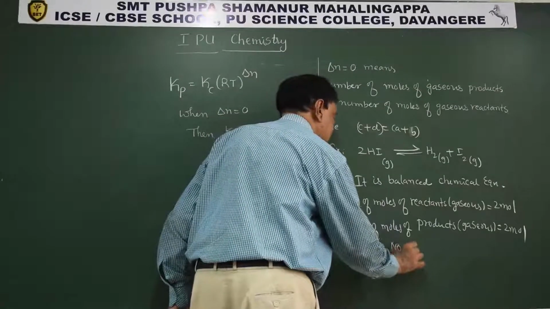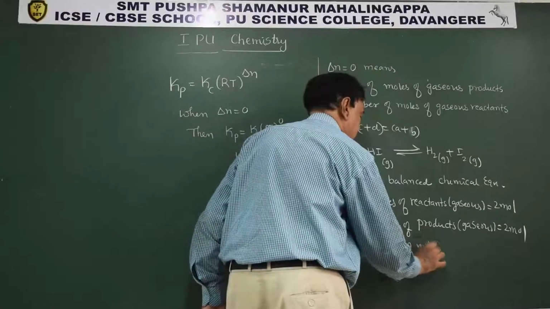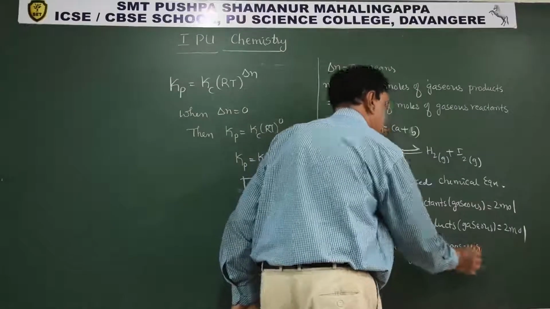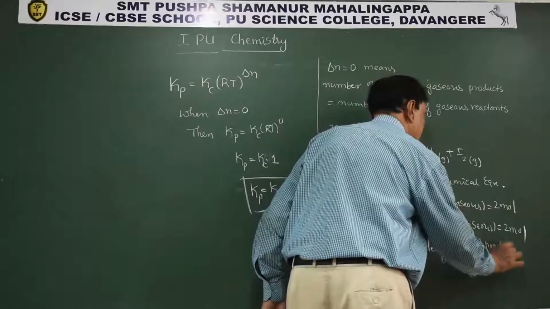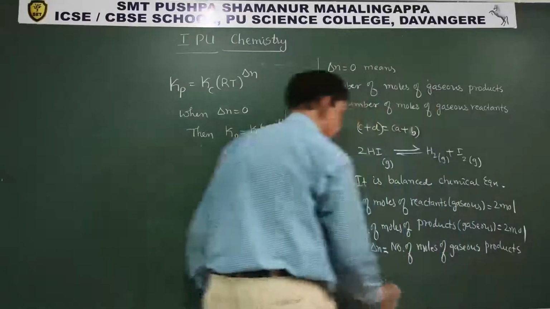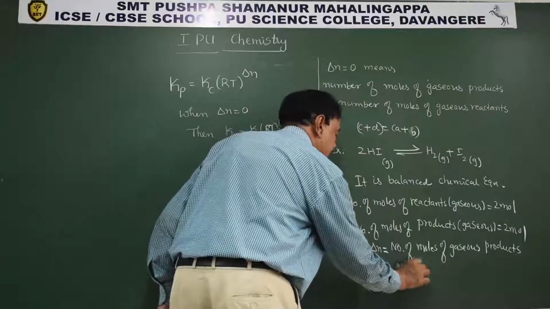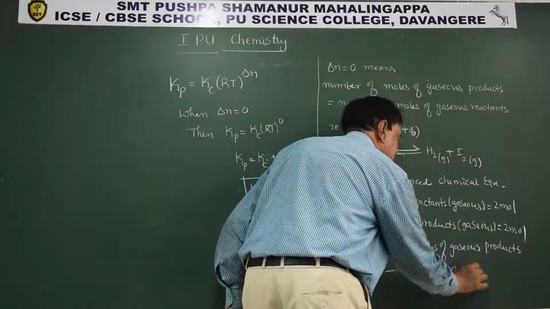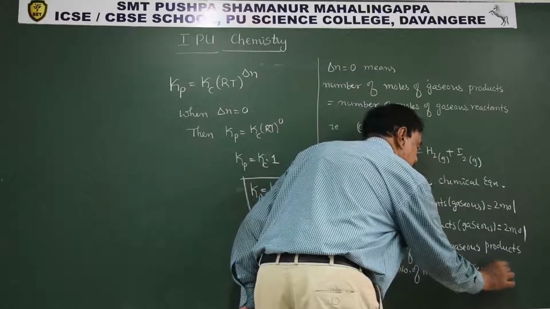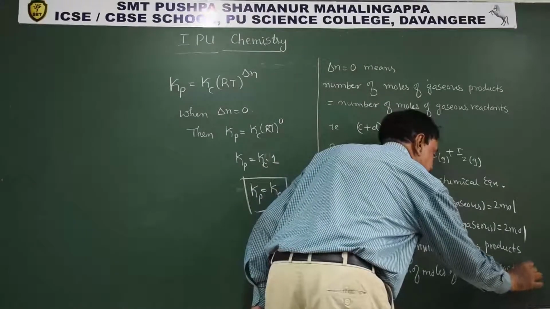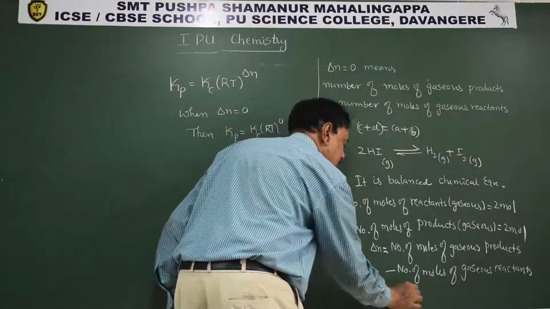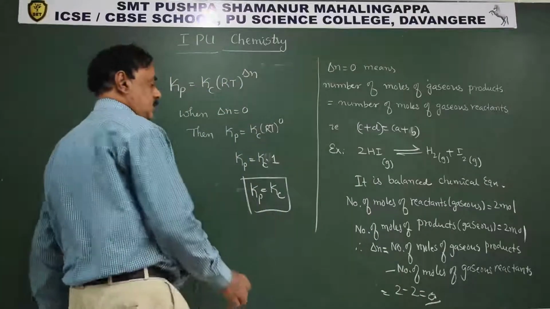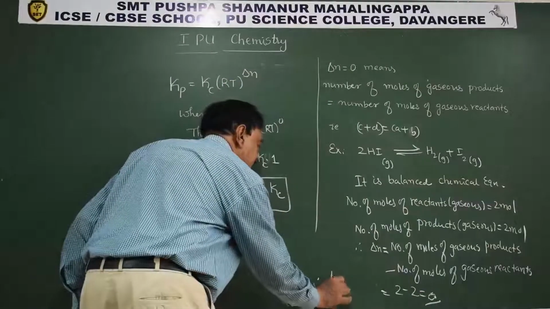Hence delta n is equal to the number of moles of gaseous products minus the number of moles of gaseous reactants, that is 2 minus 2 is equal to 0, and hence Kp is equal to Kc.